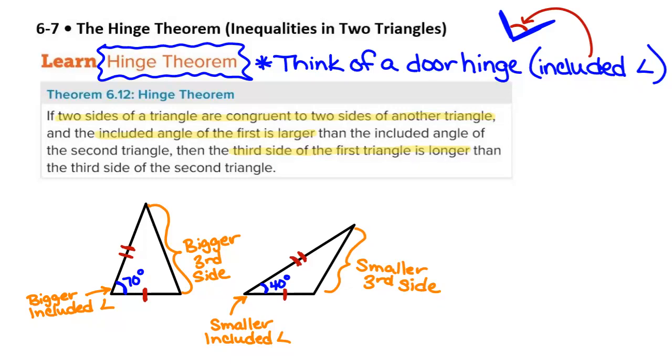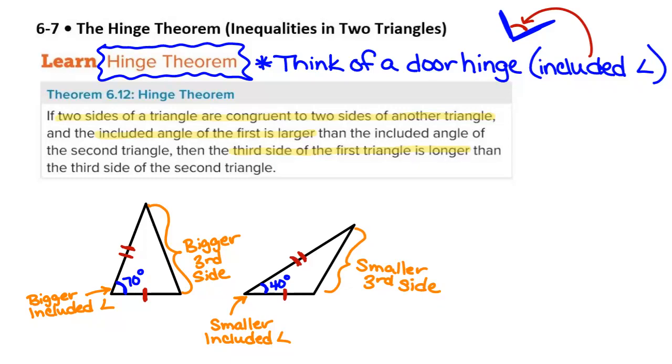Notice these two sides of this triangle are congruent to these two sides. The angles in between are not the same size, so the third sides of the triangles are not going to be the same size. You have to have two congruent sides to do this. But between the two triangles, I know that this side here would be bigger than this side over here because this angle is bigger than this angle.